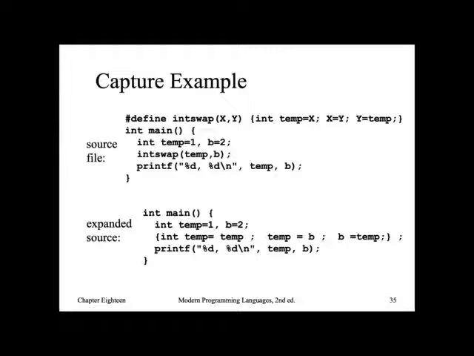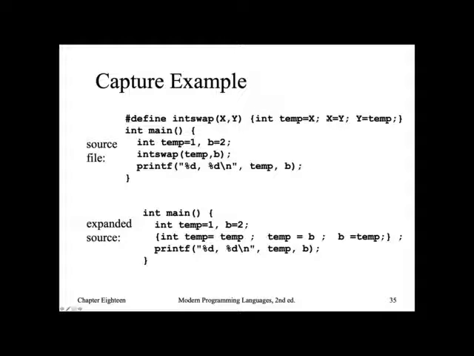That's the bottom line. So I have this pound define. I call it int swap. And int swap, I pass you 2 values and it swaps them. I give you X and Y, and it puts Y in X, it puts X in Y. That's what int swap does. And here's how I define it. I got to have a temp variable, right? When you're doing the swap, you got to have a temp. I put X into temp. I put Y into X, and then I put temp back into Y, right?